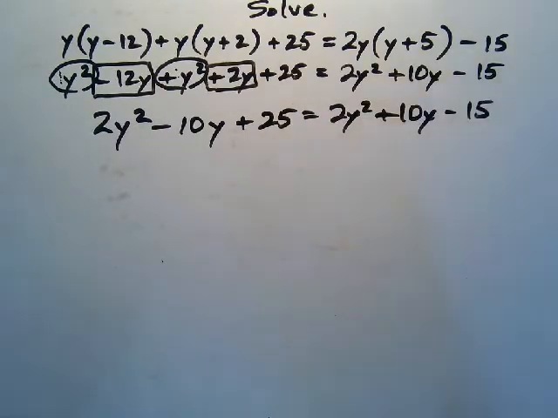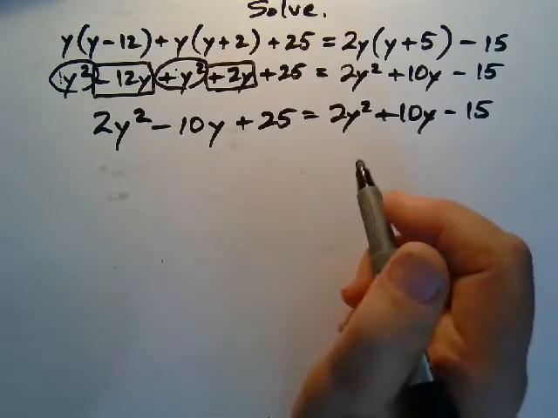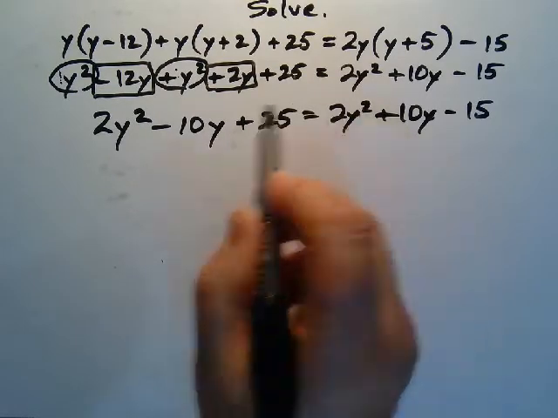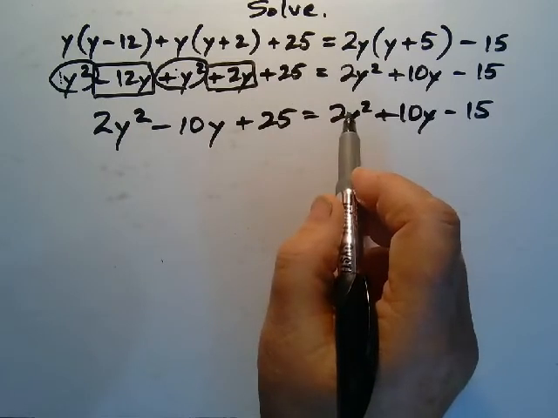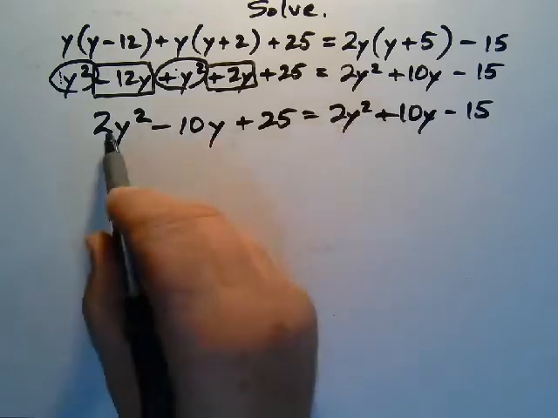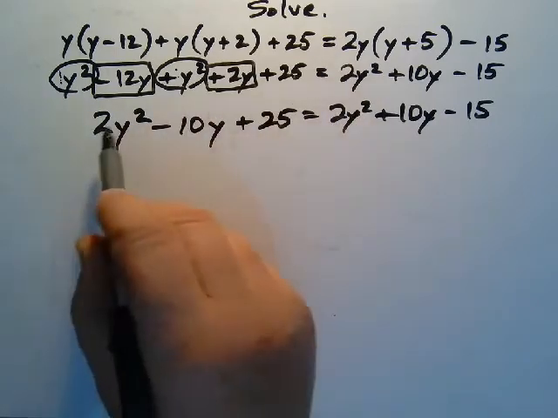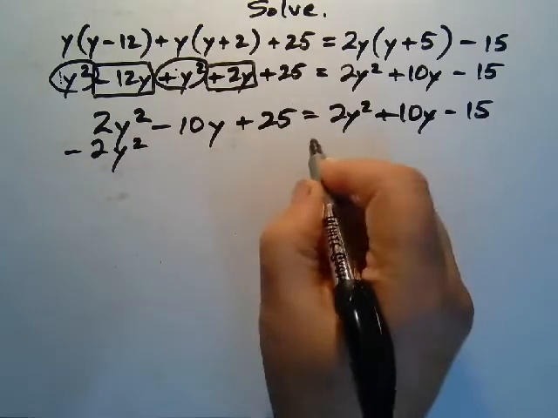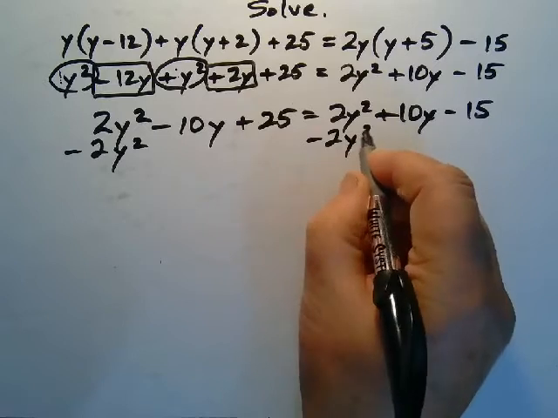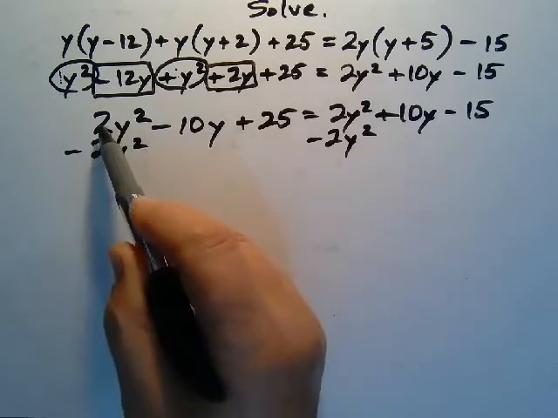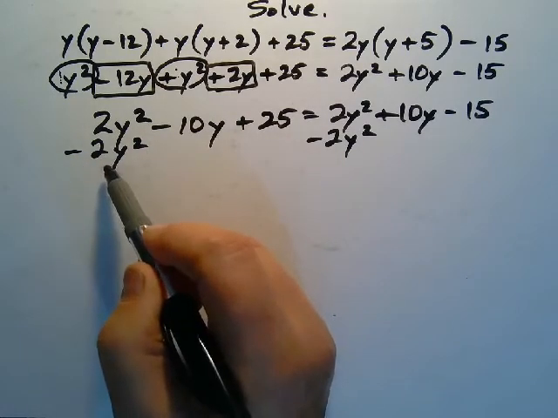All right. Now, we're ready to solve this, and usually we try to start again with the highest degree. This is why you did that assignment on degree. The highest degree is second degree. Well, just like if we had things with x to the first power, we can add or subtract something from both sides. In this case, I'm going to take away 2y squared from both sides. And that works out great because both of these are going to go out. 2y squared minus 2y squared is 0y squared.